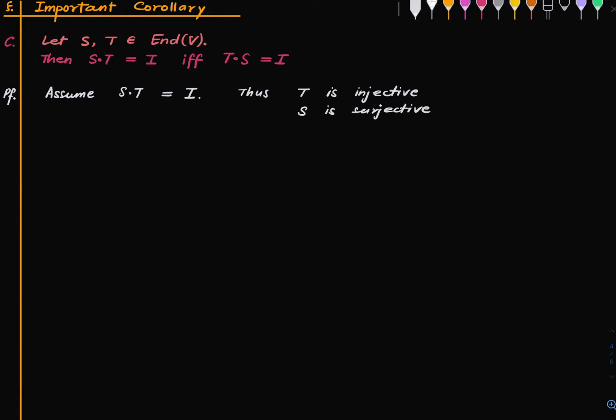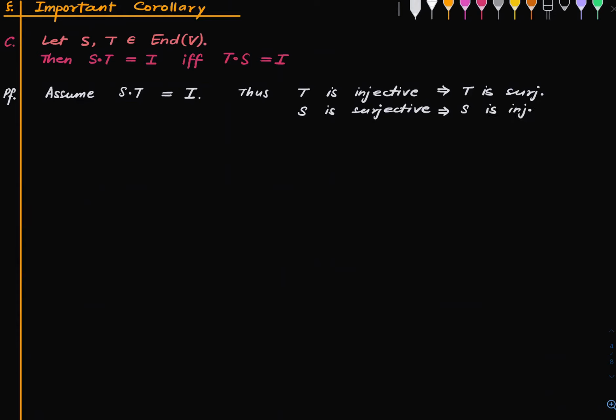This is a set-theoretic statement. If this happens to be identity, nothing to do with linear algebra, it automatically forces that T is injective and S is surjective. But since T is a linear endomorphism, this implies T is also surjective and S is also injective.